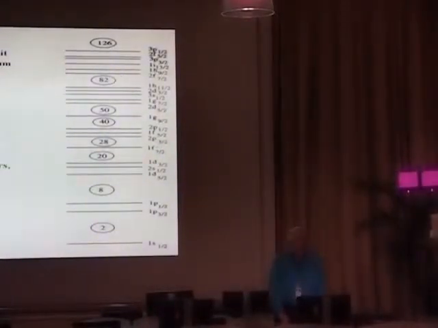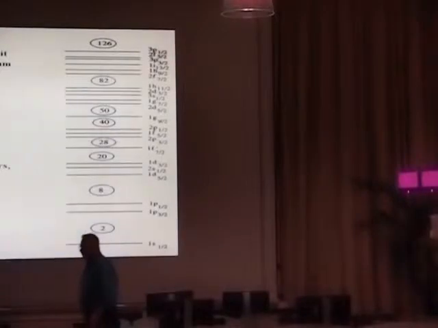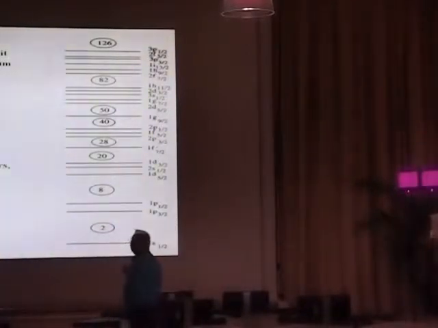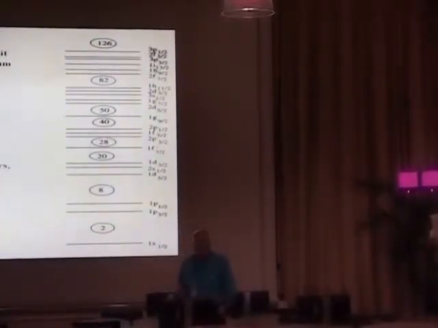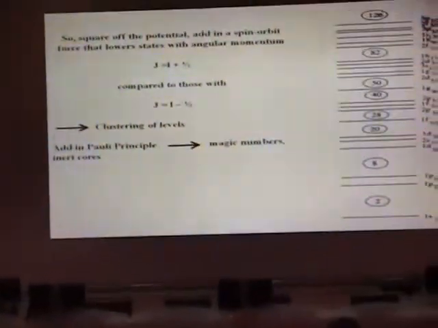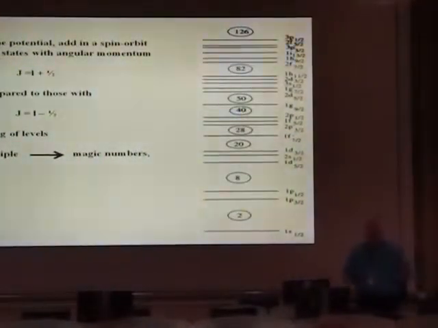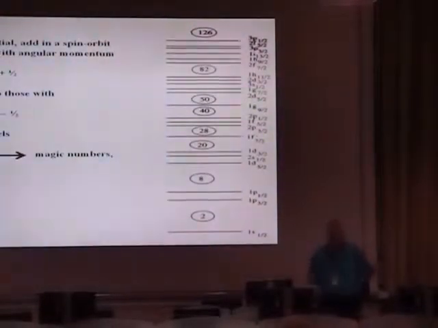Yes? My question was, why so much emphasis is put on the magic numbers in nuclear physics? The reason there's so much emphasis is because if you don't have the magic numbers, and you want to calculate a nucleus with 51 protons, you have to take into account all of the interactions of all those 51 protons.